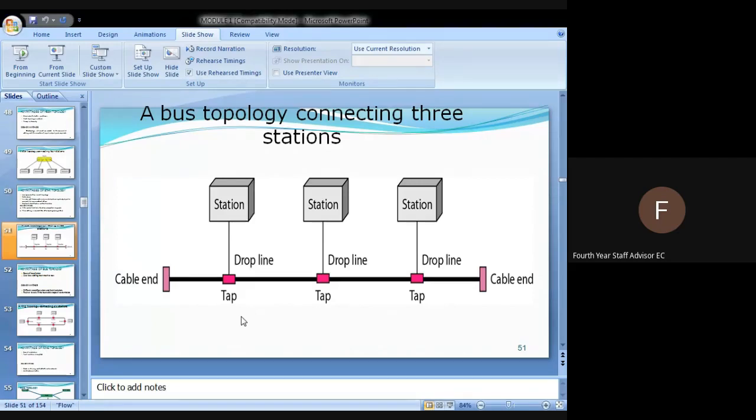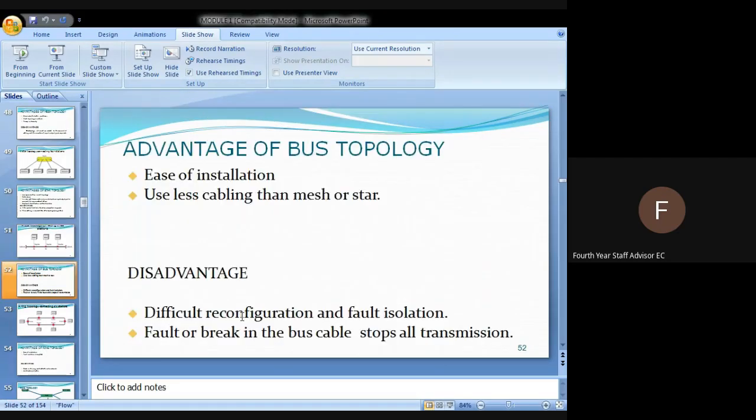Now, what are the advantages of this bus topology? You can easily install it, and it also uses fewer cables than the mesh or the star. The number of cables required is less. Now, the disadvantage is difficult reconfiguration and fault isolation.